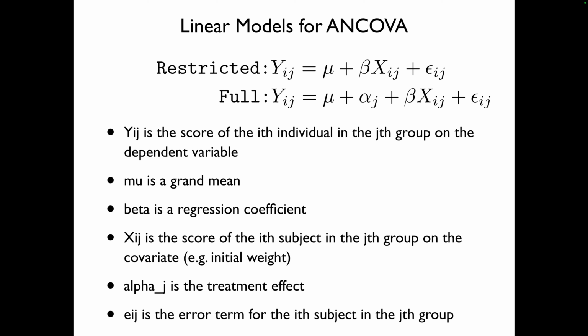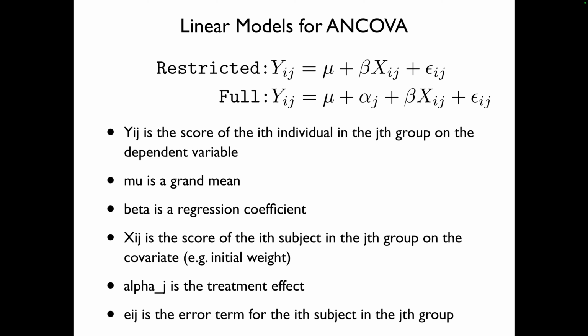So in the restricted model, hippocampus volume is determined by the average hippocampus volume of all humans plus or minus some slope on their age. And that beta weight determines how much hippocampus volume changes with each year of age. And that's it. That's all that determines hippocampus volume in the restricted model.